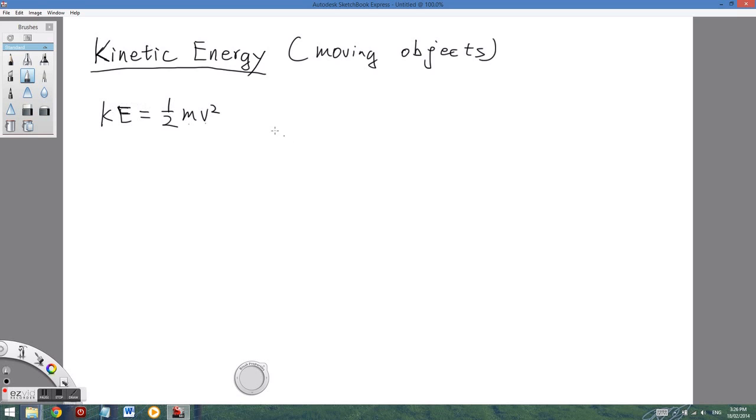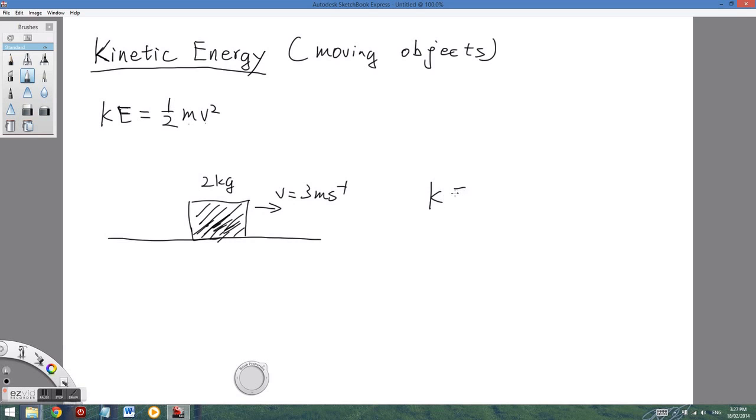Now, let me do an example. Say I have a block of wood or something. Say it's 2 kilograms and it moves at a velocity of 3 meters per second. Since it is moving, it must have kinetic energy.